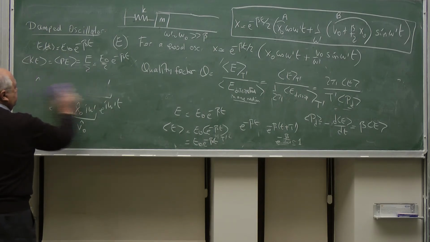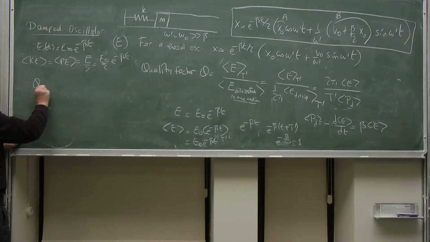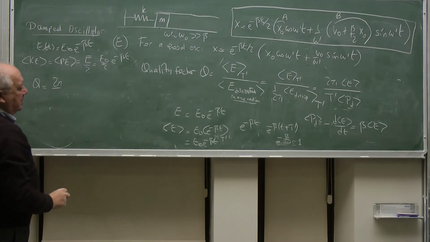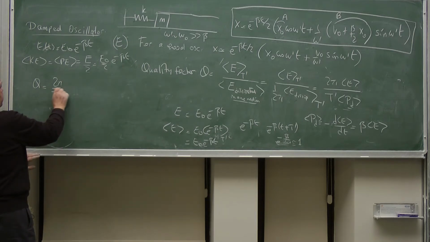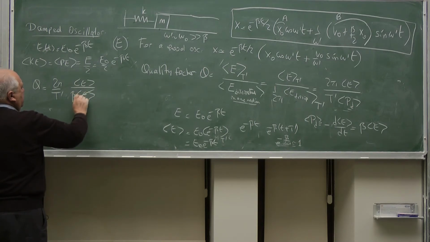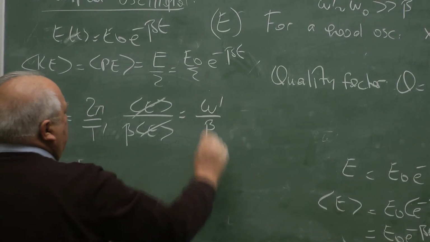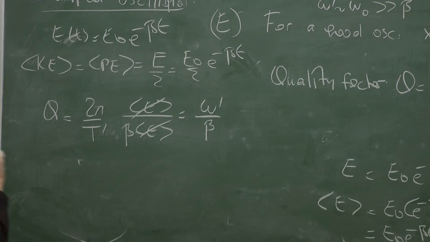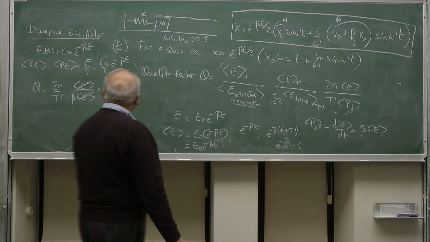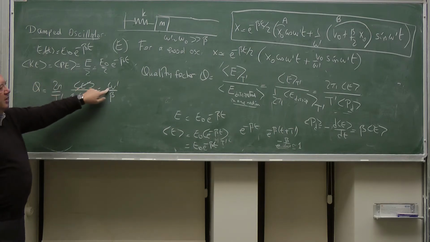Quality factor Q is 2 pi over t prime, E, beta times E. So these cancel. This is omega prime over beta. So you see why this 1 radian was introduced instead of the full cycle, so that you get this 2 pi here, and that 2 pi over t prime should give you omega prime.